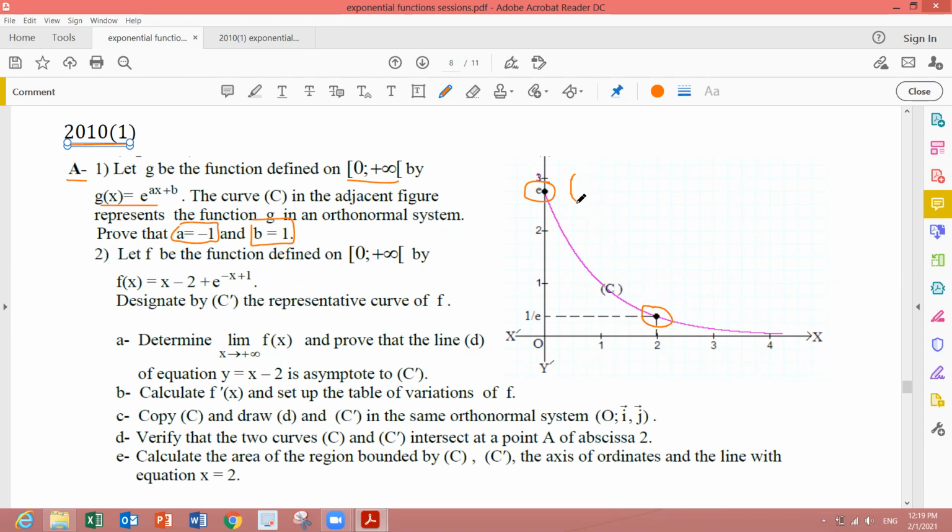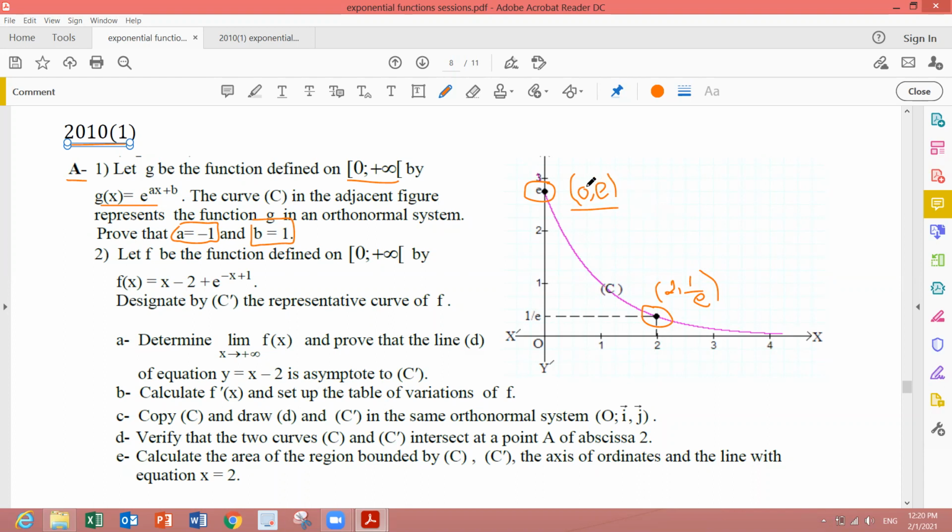What are the coordinates of this point? This point is (0, e). What does it mean that the first point is (0, e)?